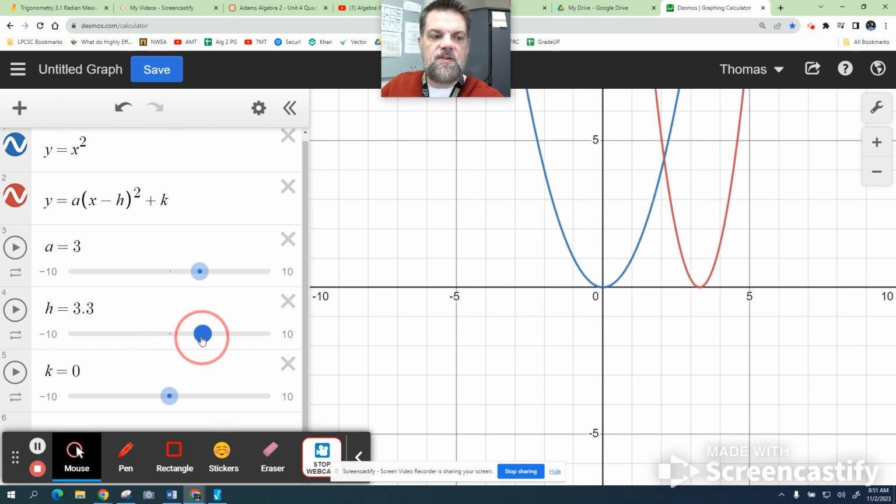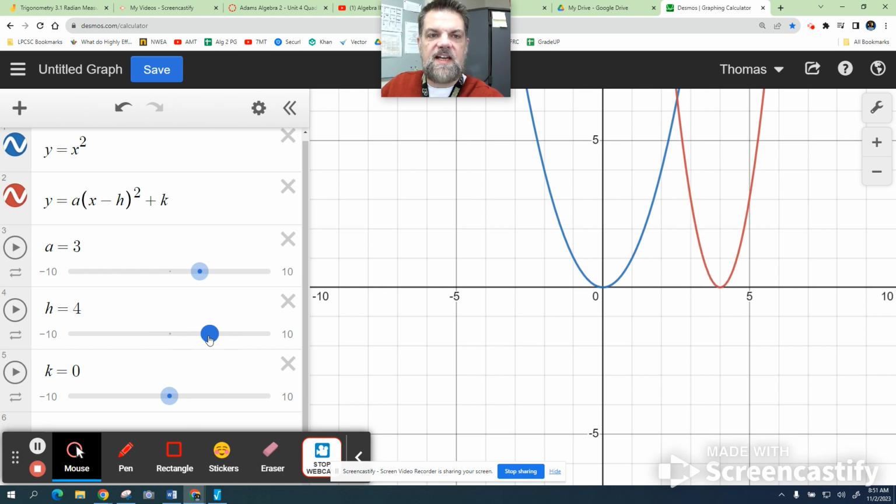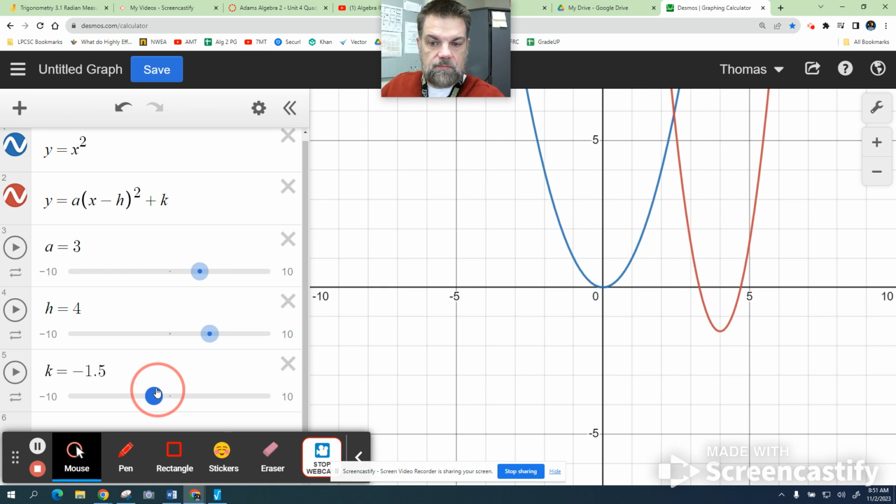Now, what is this thing doing as I slide the slider to the right? My graph's sliding too, isn't it? And then k was a negative 2. So that's shifting it down. All right?